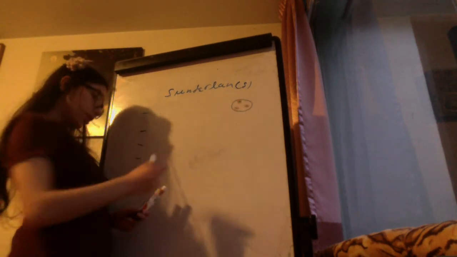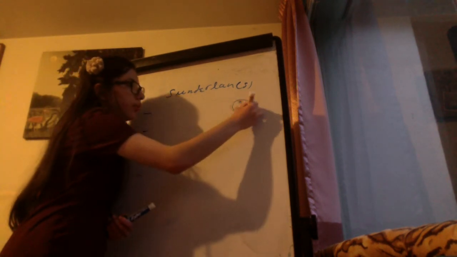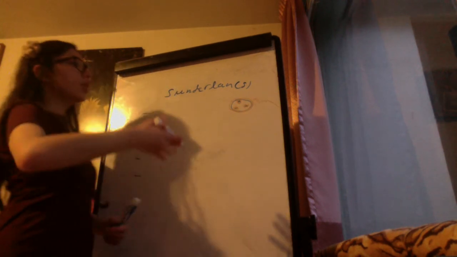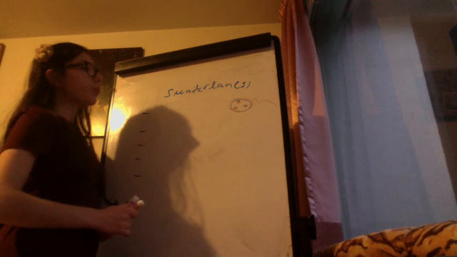Each fascicle is surrounded by the perineurium, and here are the blood vessels that irrigate the nerve. So here are the vasa nervorum.